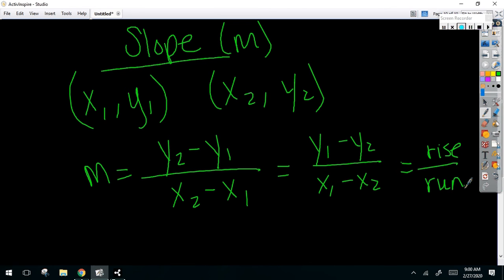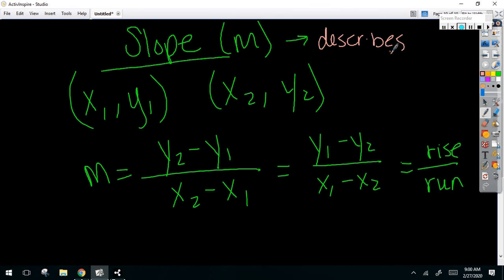Slope also describes the what of the line? It starts with an S. Slope. Static. What do you call steepness?